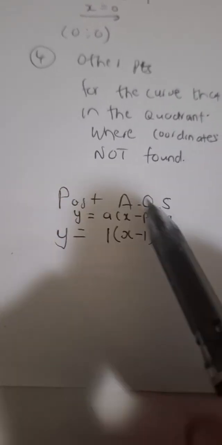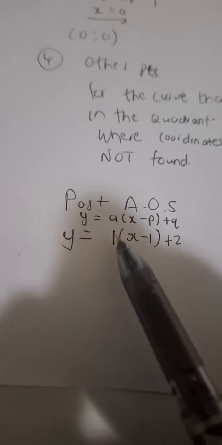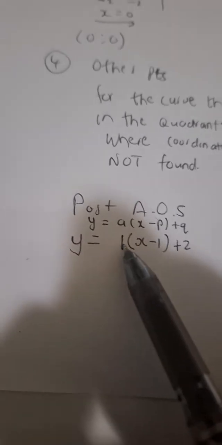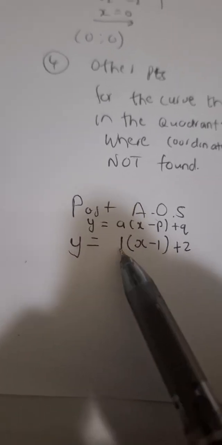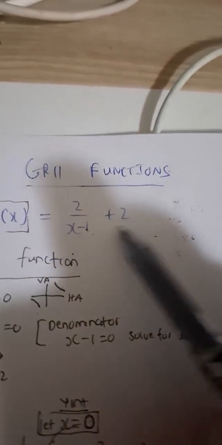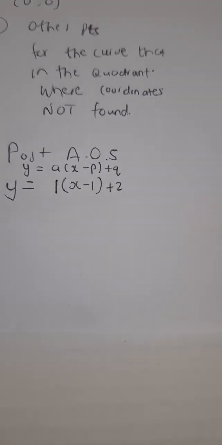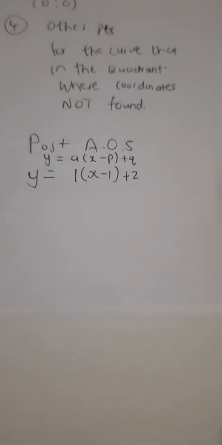If it is the positive gradient axis of symmetry, remember we said that the value of the gradient is always positive 1, so you just write that there. Then the q value of the actual hyperbola function, which is 2, you plug in that q in the place of 2. Guys, surely this sounds easy enough.